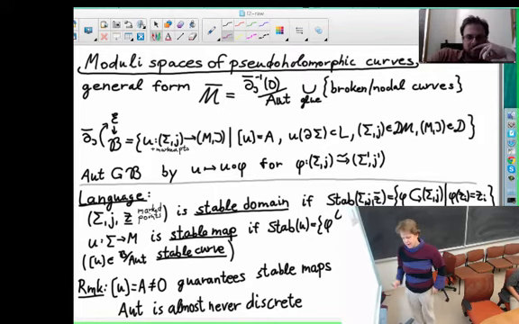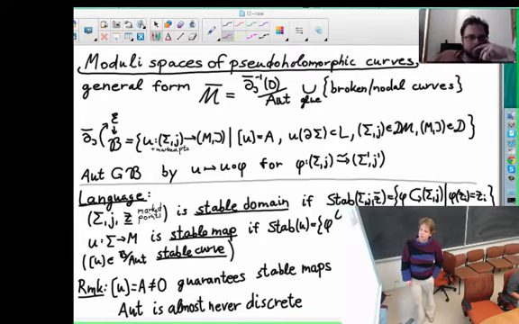So I've run down the general form of moduli spaces that I roughly threw at you last time.